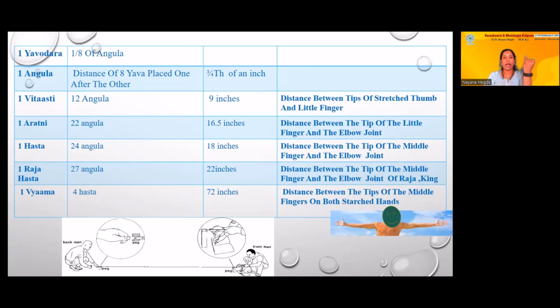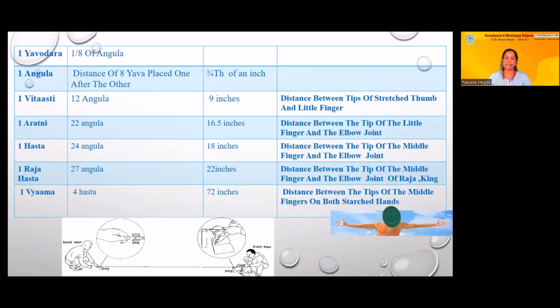Next is Hasta. Hasta is the distance between the tip of the middle finger to the elbow joint. In the Angula Pramana, it is 24 angula. In the metric equivalent, it is 18 inches.